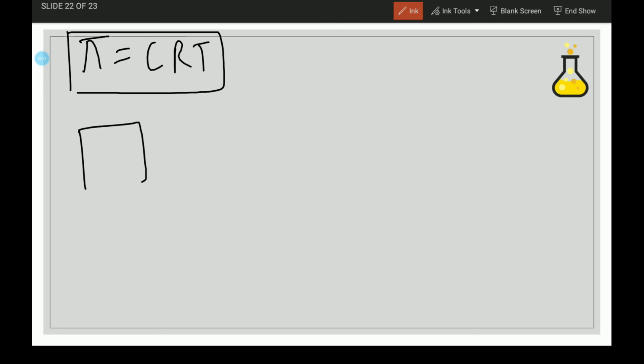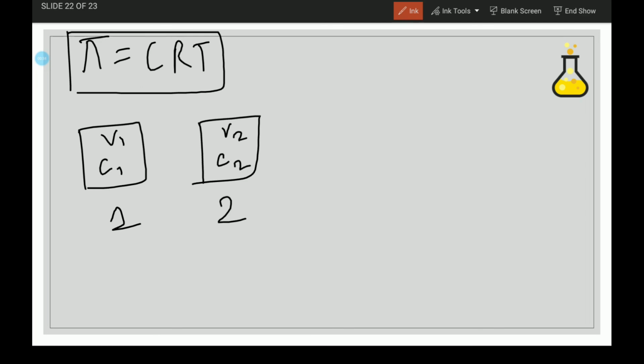Suppose there are two containers, container 1 and container 2. Container 1 has a volume V1 and concentration C1. Container 2 has a volume V2 and concentration C2. So the number of moles in container 1 is equal to C1V1, and the number of moles in container 2 is C2V2.